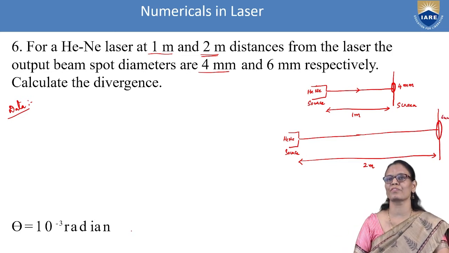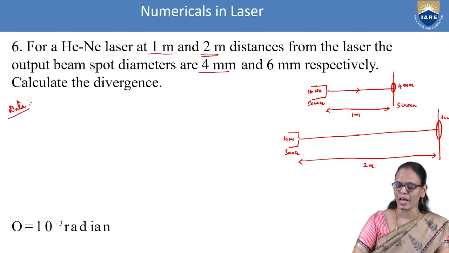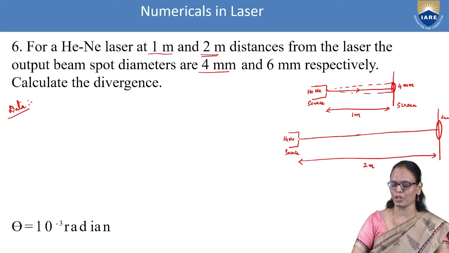This is what we are given. What you have to calculate is the divergence. Actually, when we talk about divergence, this is how the beam is diverging, that is how you get the spot, how the beam diverges.